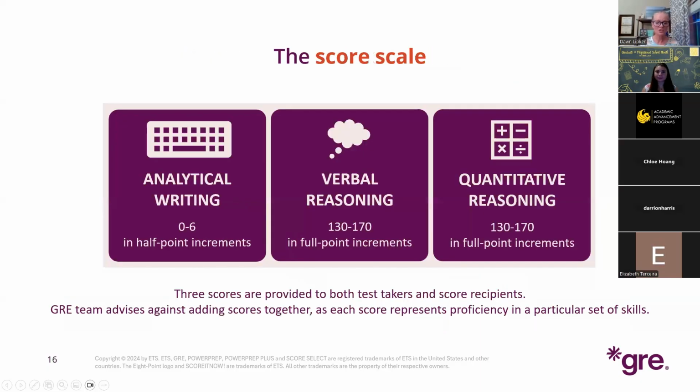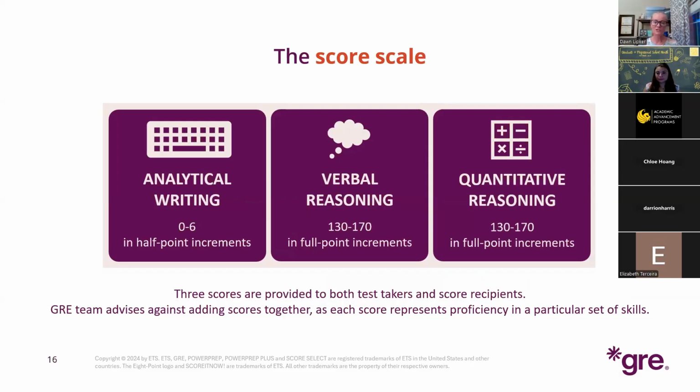So when you take the GRE, since it's three separate tests, there are three separate, independent scores. These are reported to you and to the schools or programs that you wish to apply to. Analytical writing is on a scoring scale of 0 to 6 in half point increments, meaning you could get a 3.5 or a 5.5.